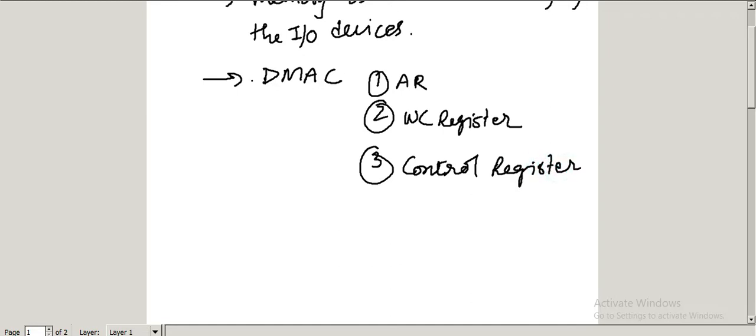So basically the address register holds the address, to specify the desired location in memory.